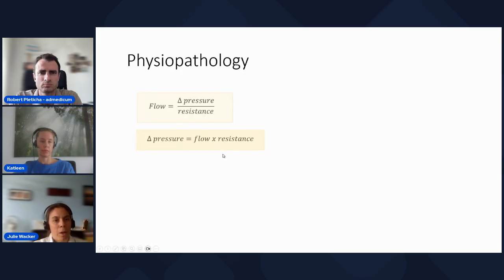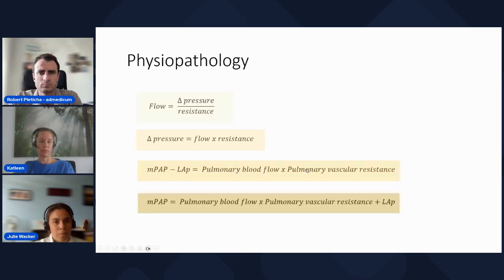When we apply that to the pulmonary vasculature, the mean pulmonary artery pressure minus the left atrial pressure, which is the delta across the pulmonary vascular bed, is the pulmonary blood flow times the pulmonary vascular resistance. We move that around a little bit more, and we have the mean PA pressure, which is necessary for the definition of pulmonary hypertension, which is the pulmonary blood flow times the pulmonary vascular resistance plus the pressure in the left atrium.